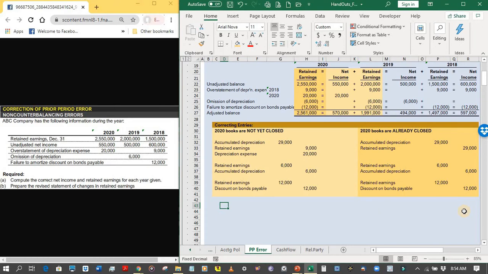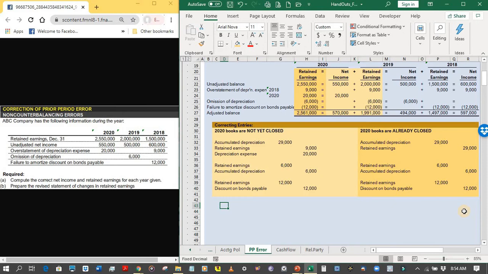So after we are done with the correcting entries, let us now prepare the revised statement of changes in retained earnings. Again, the revised changes in retained earnings only applies to 2019 because the current year is 2020 and we haven't prepared the financial statements in 2020.